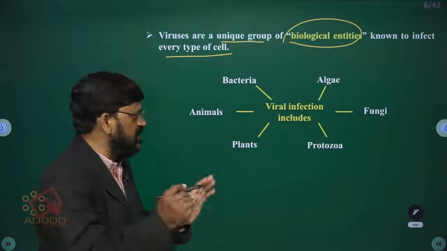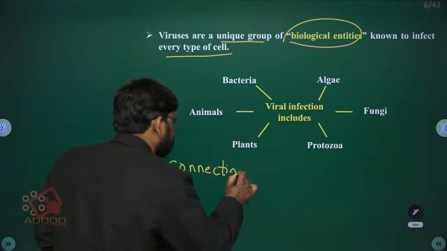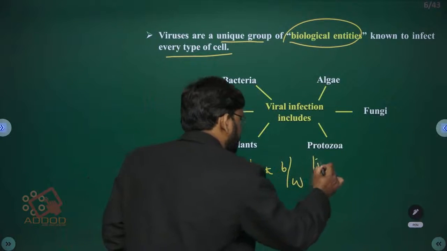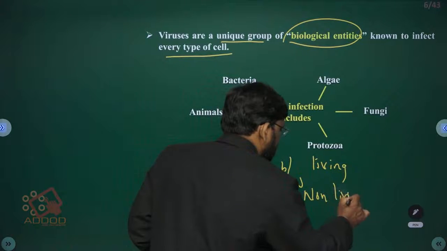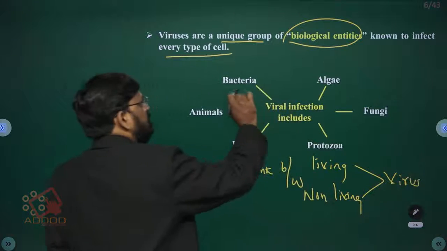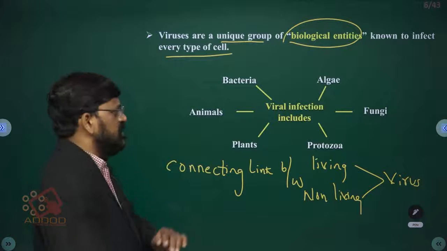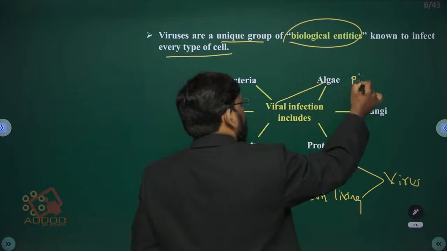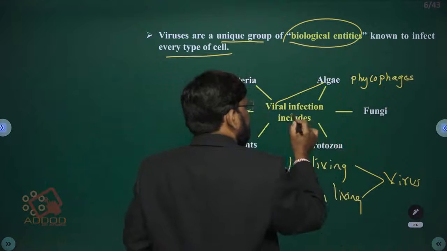So the connecting link between living and non-living is nothing but virus. That virus should be called a biological entity. Why? Because it infects every type of cell. A virus can attack algae; when it attacks algae, we call that phycophages.